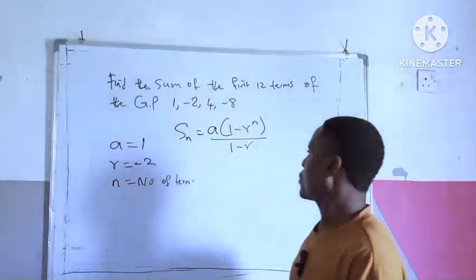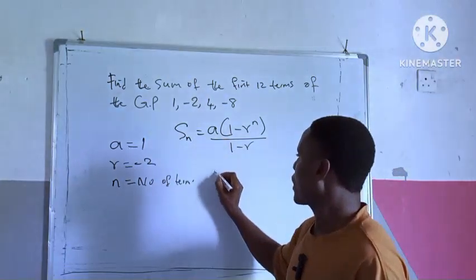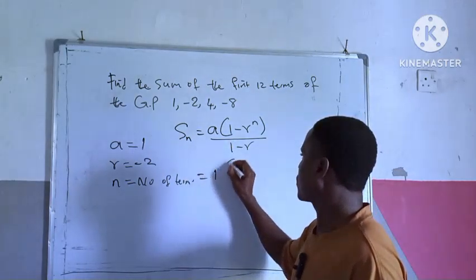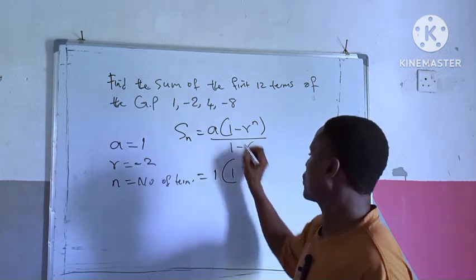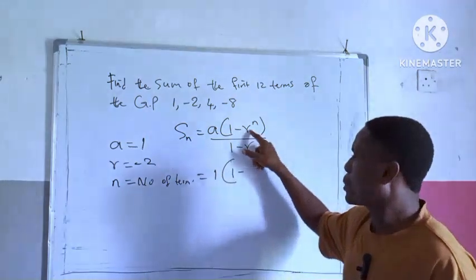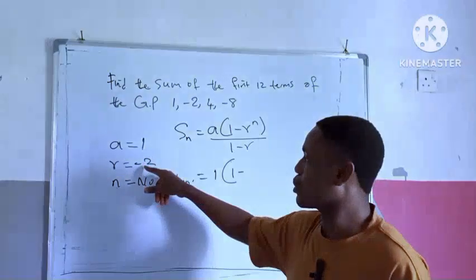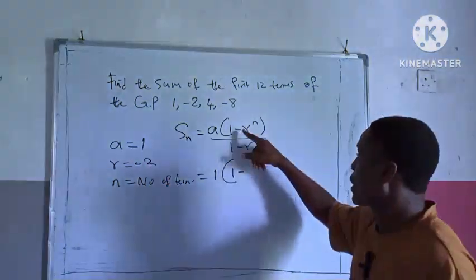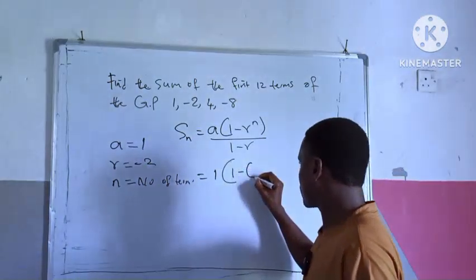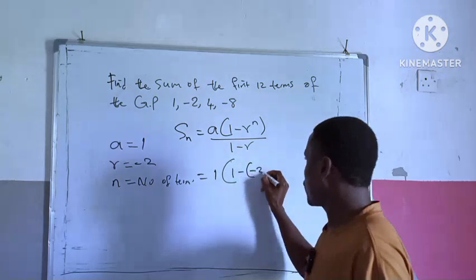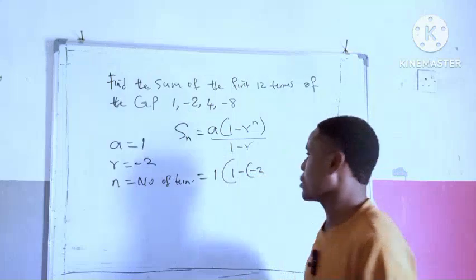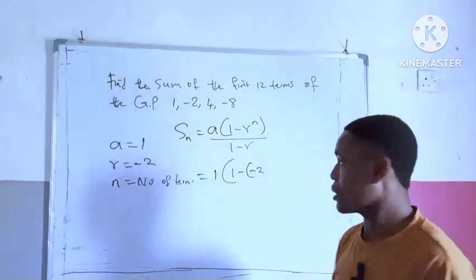So let's substitute. a is 1, so bracket open, 1 minus r, which is the common ratio, minus 2, so we open a bracket with minus 2. When solving, take note of these signs, because if you make a mistake, you get the wrong answer.